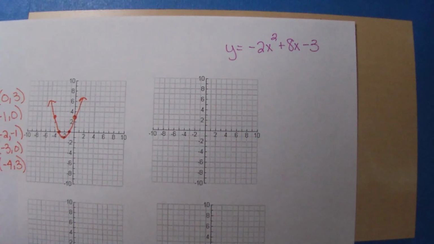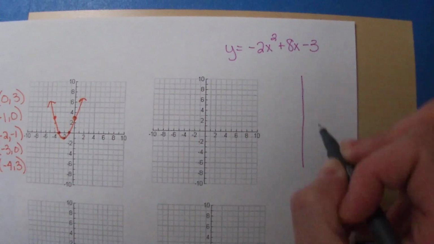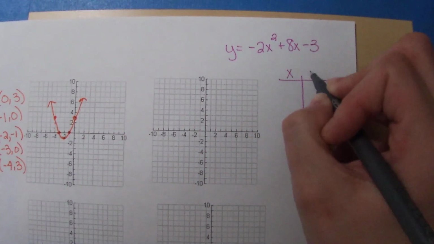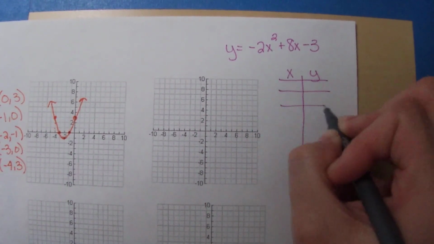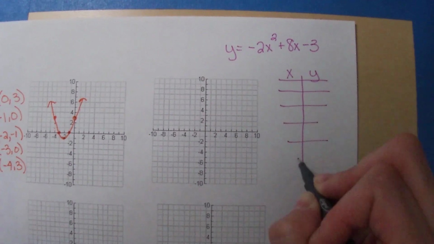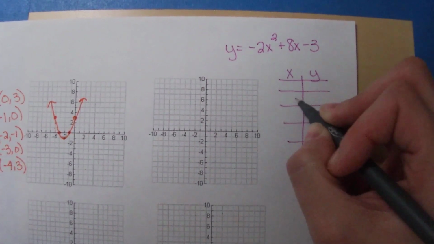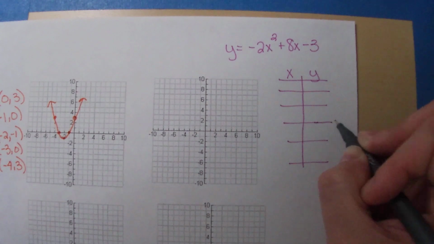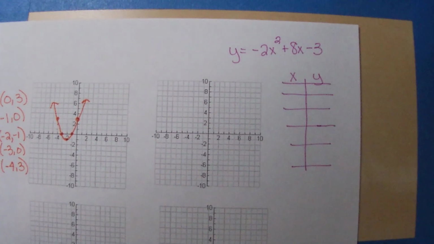Again, if we want to graph in this form, we definitely need to have a table. Now, worst case situation, if you're taking a test and you can't remember, you could plug in any old random values. You're just not going to find that nice symmetric point, and you might not find the vertex.